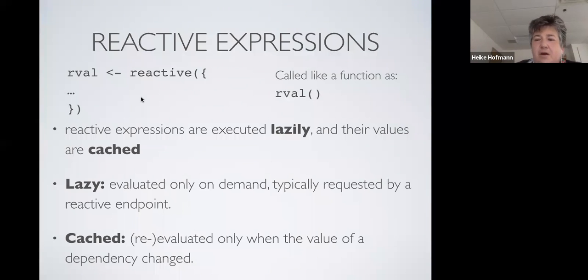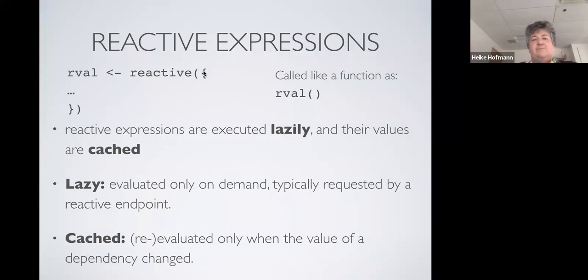In terms of code, a reactive expression looks like this. Instead of render something, we write in the server reactive, and we use the same kind of weird format of opening parentheses followed by the open curly brackets.